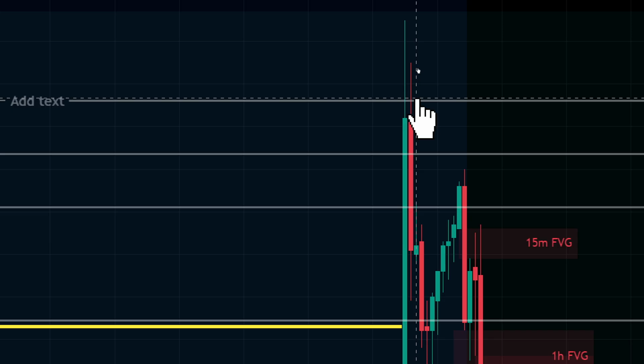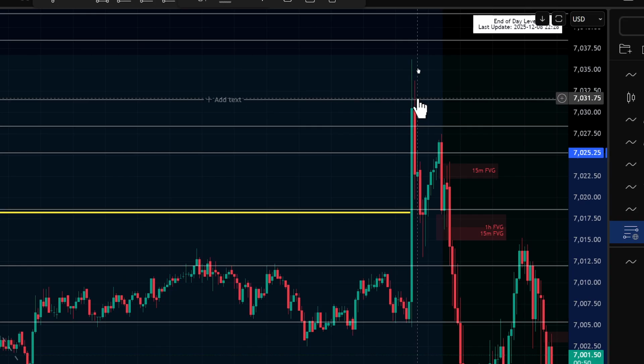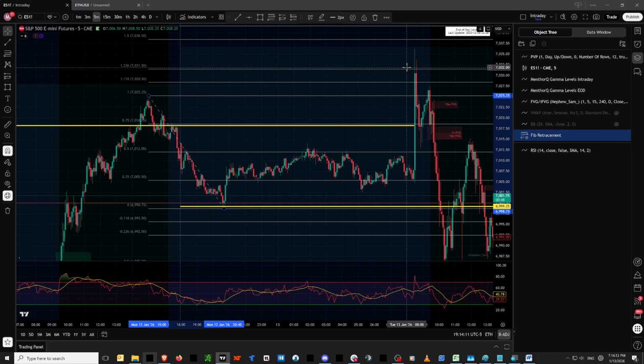Now, what is the significance of not closing above it? Well, that therefore calls this a liquidity run. They went up there to trigger, we've talked about this before, all these stops. Remember, these people have gone short, so they have their stops right in here.